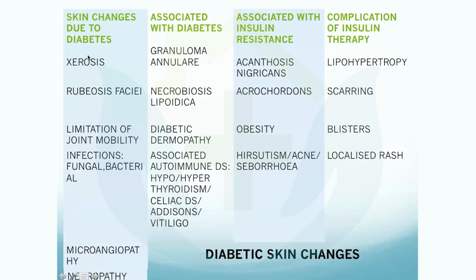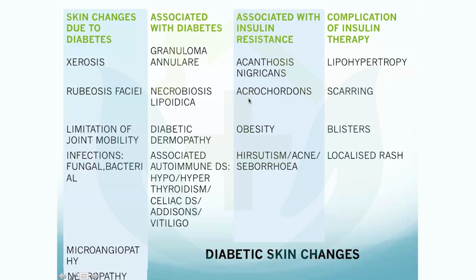Skin changes that occur due to diabetes can be xerosis, rubeosis faciei, limitation of joint mobility, increased chance of fungal and bacterial infection, microangiopathy, and neuropathy. Conditions associated with diabetes: granuloma annulare, necrobiosis lipoidica, which we just discussed, diabetic dermopathy, and associated autoimmune diseases.